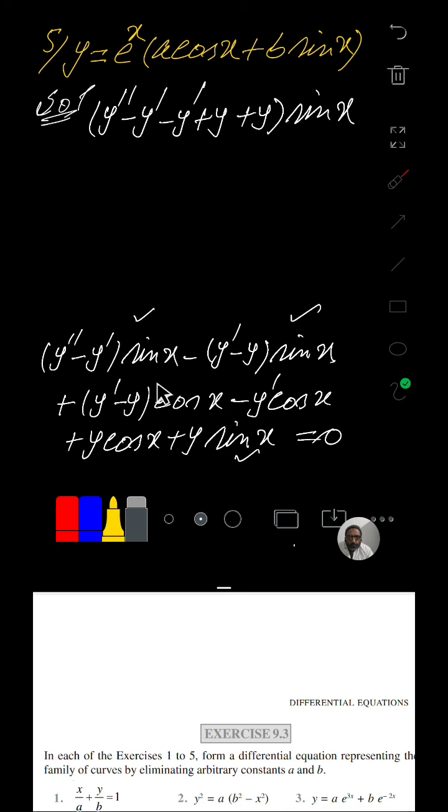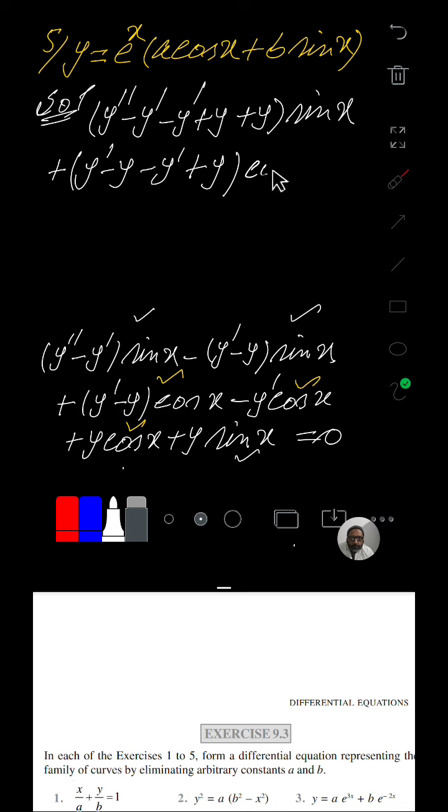And out of this term and this term, we should take cos x common. We have plus, inside the bracket, y dash minus y minus y dash plus y, cos x is equal to 0.